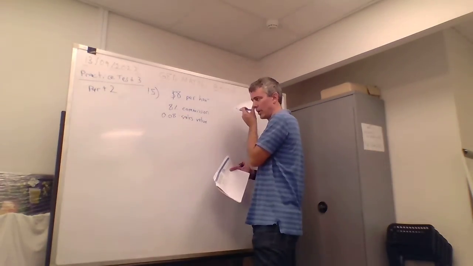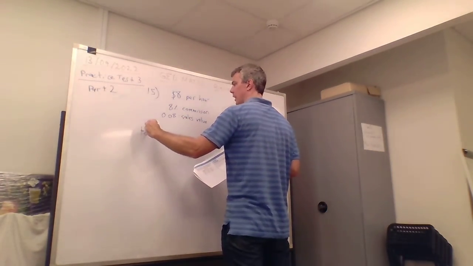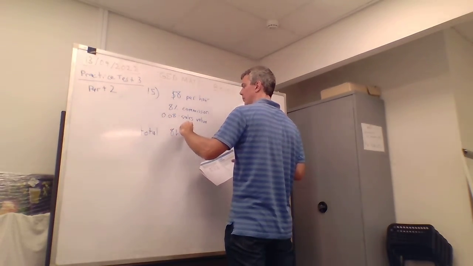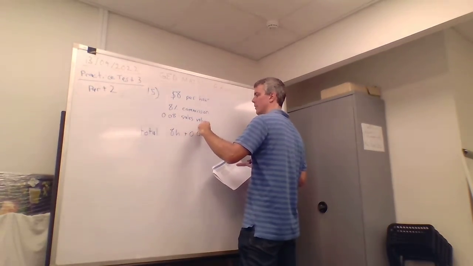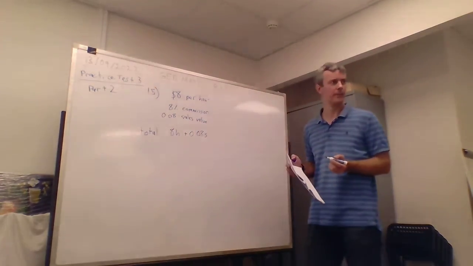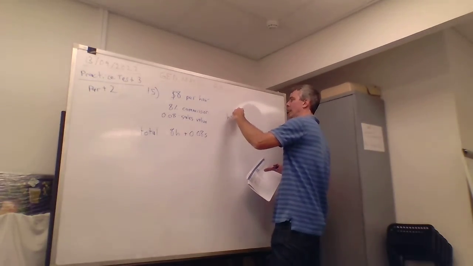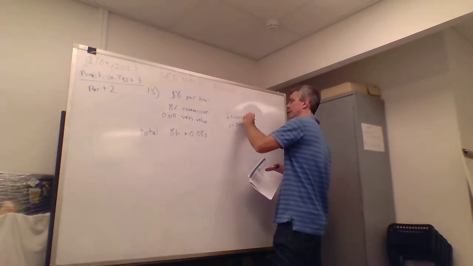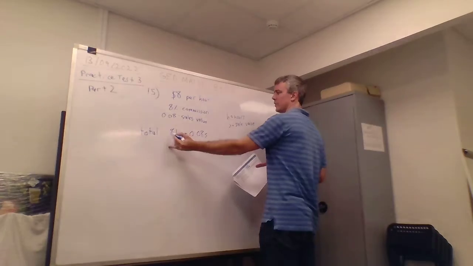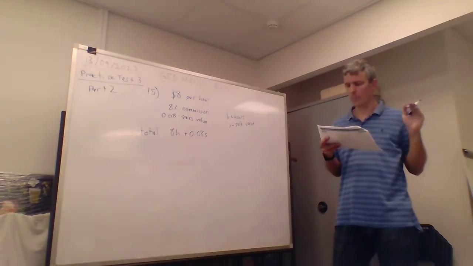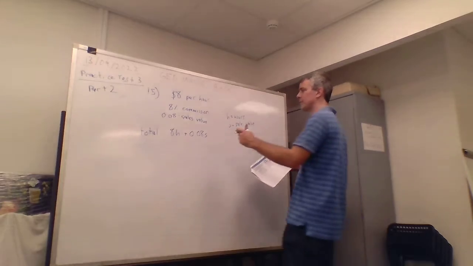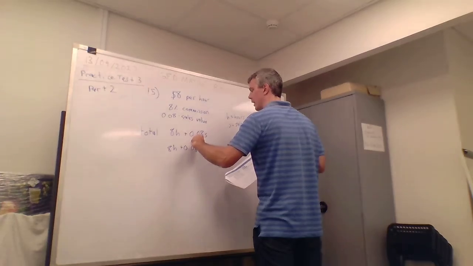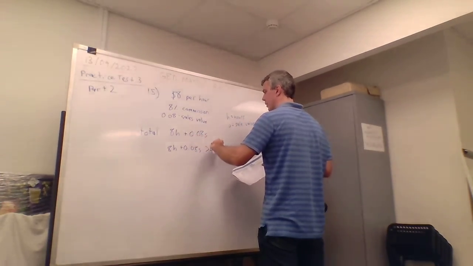So here we go. The total that the employee will get is 8 times hours plus 0.08 times sales. I'm going to put H equals hours, S equals sales value. So this is the total, and we say it needs to earn more. So 8H plus 0.08S must be more than 400.